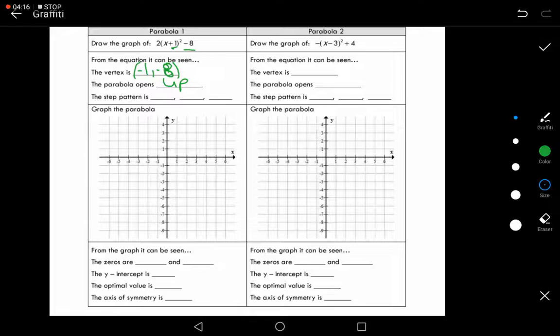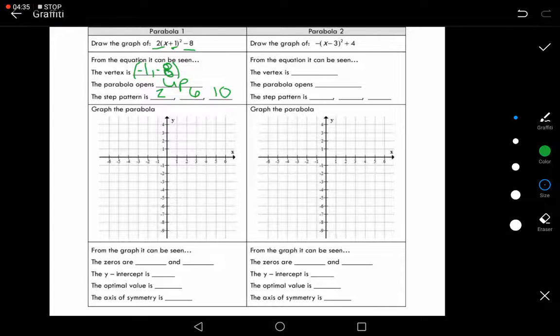In this case, our a term, I'll underline it there, is the 2. So 1 times 2 is 2, 3 times 2 is 6, and 5 times 2 is 10. Okay, so our step pattern is 2, 6, 10.